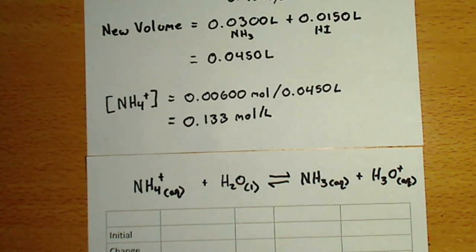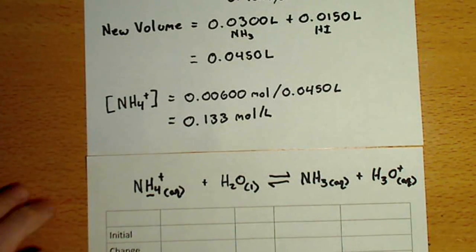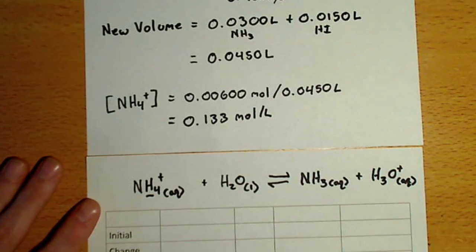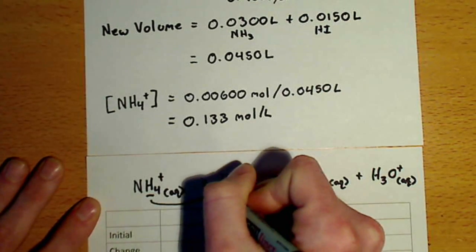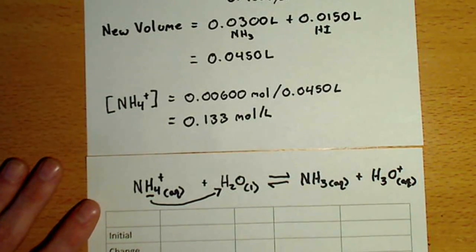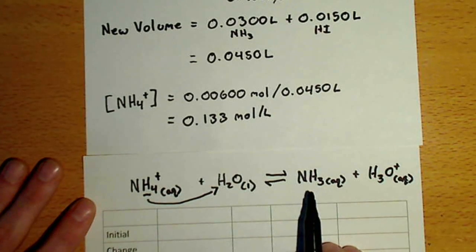Because the ammonium ion is a weak acid, we know that it will donate a proton, and water, being an amphiprotic substance, will accept that and act as the base in this example. That's why we form hydronium ion and ammonia.